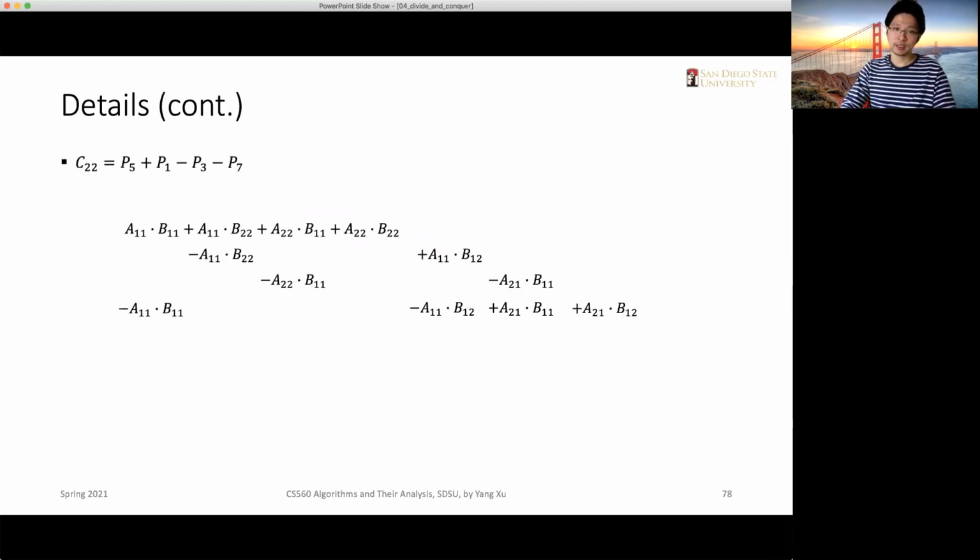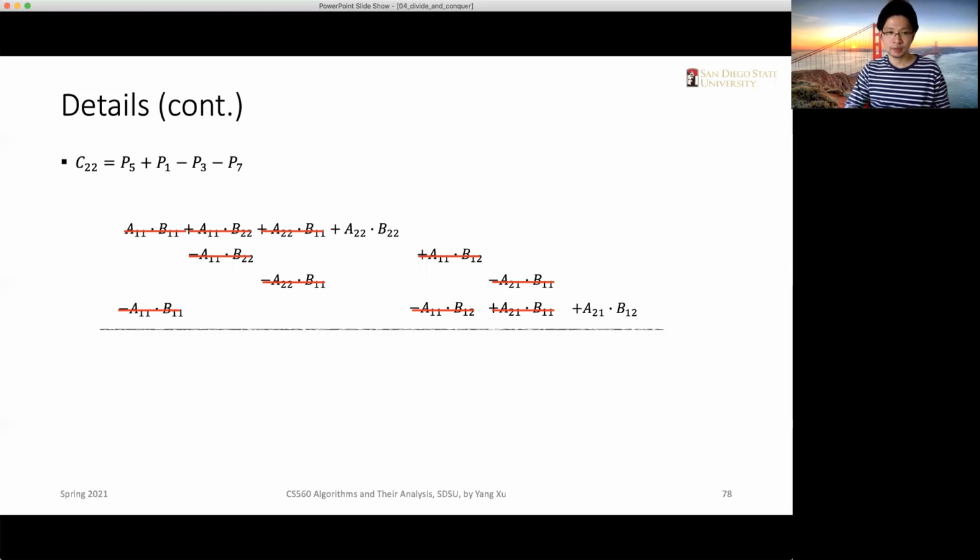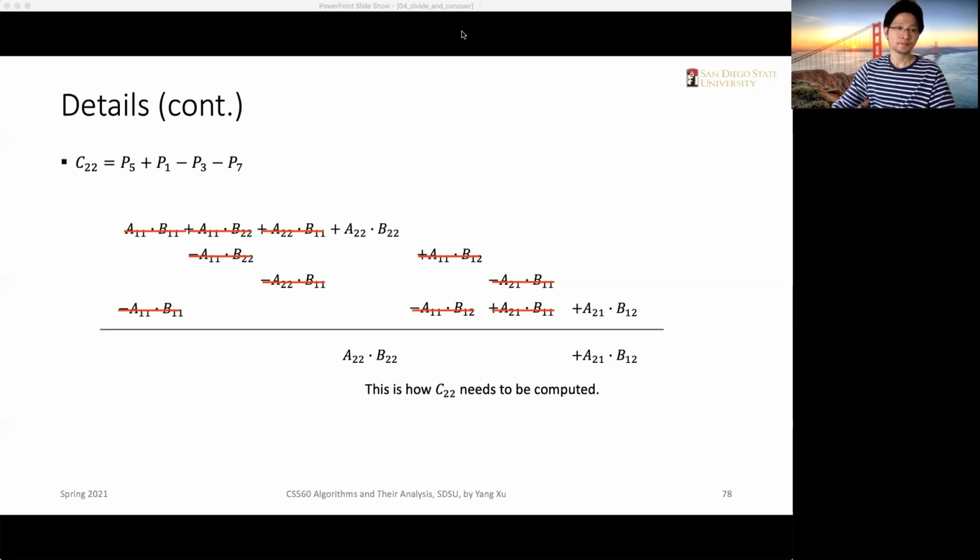And C22, lastly, is a little bit longer, similar to C11. Also, a lot of terms are eliminated, and we finally have the correct form of how C22 needs to be computed. So, putting this all together, C11 to C22 can be correctly computed, and we have the solutions solved.